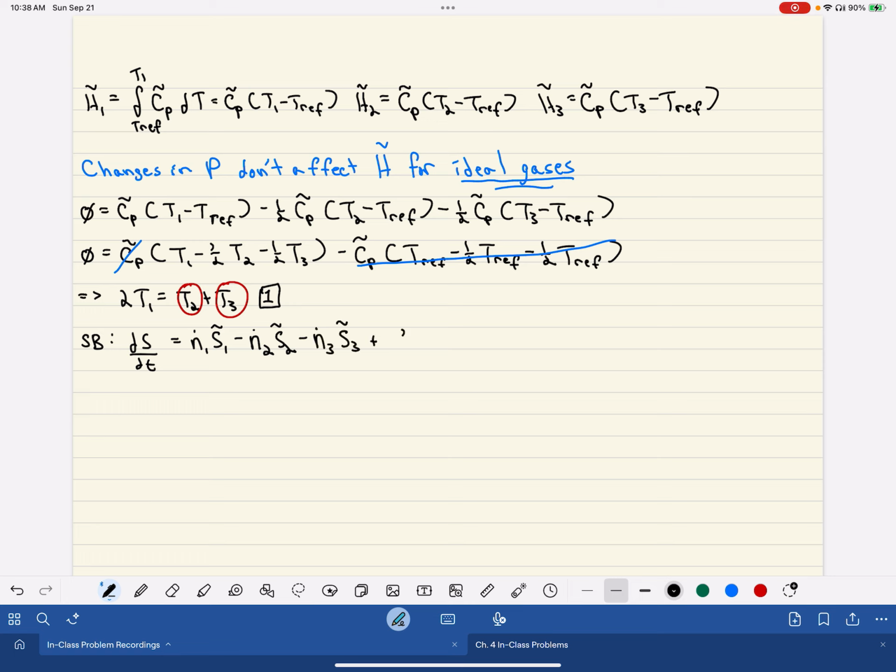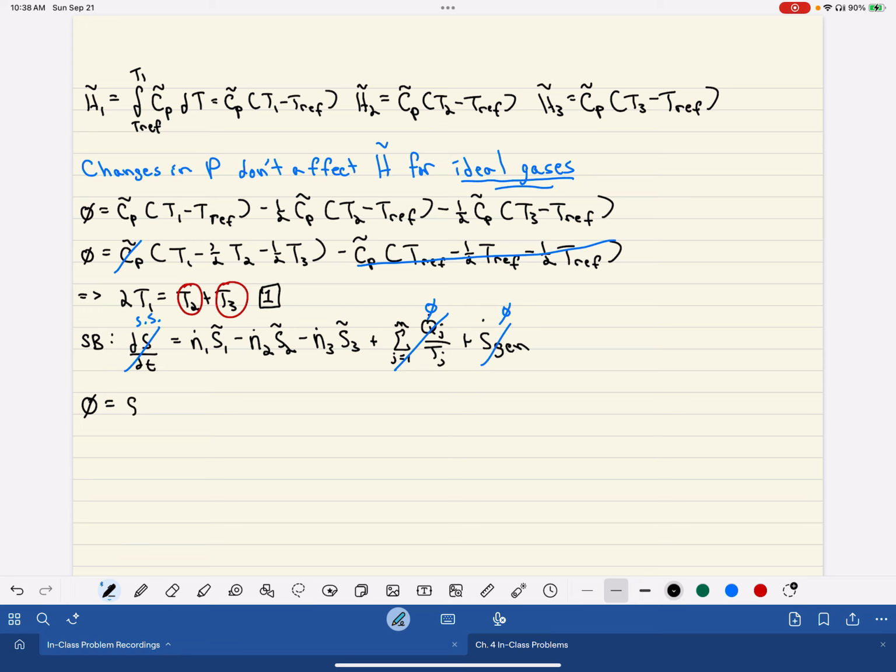Then we have the heat term and S gen. We could simplify this entropy balance down. Steady state, adiabatic, reversible.